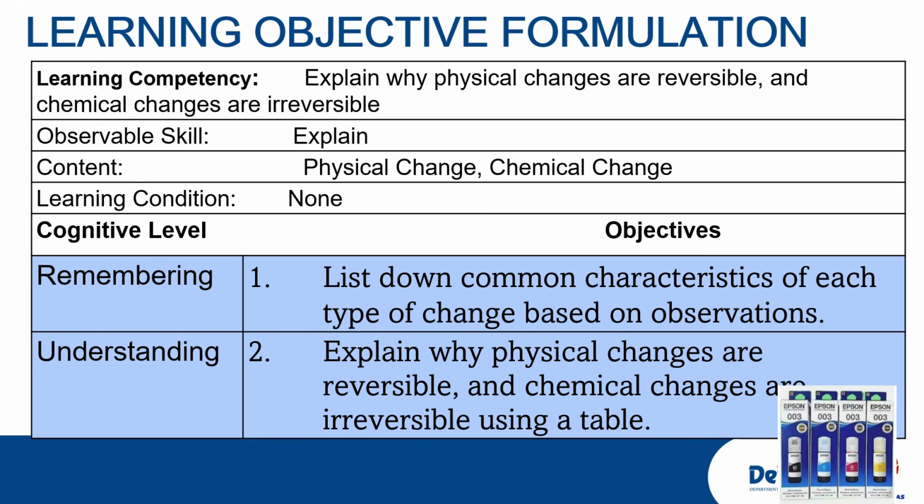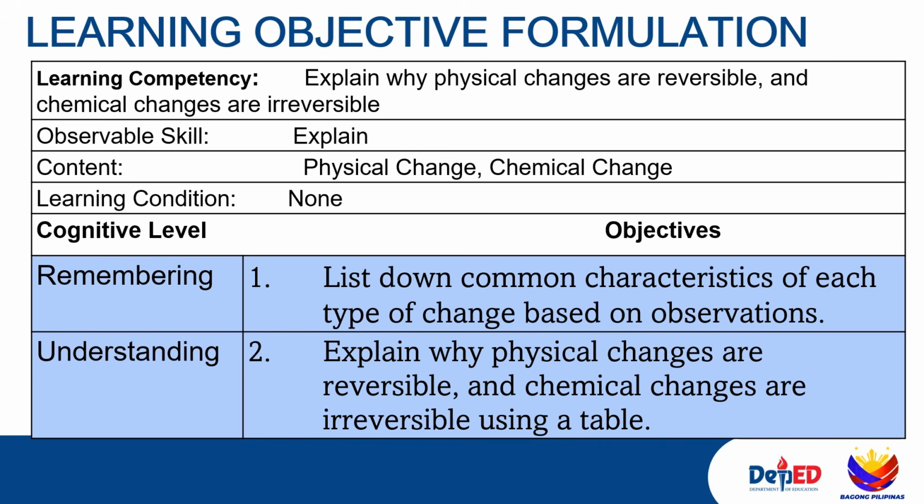Under remembering, we list down the common characteristics of each type of change based on observations. Under understanding, we explain why physical changes are reversible and chemical changes are irreversible using a table.